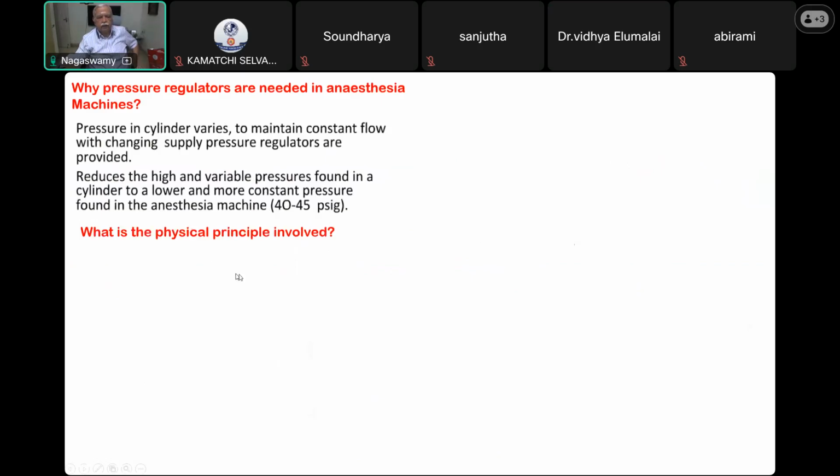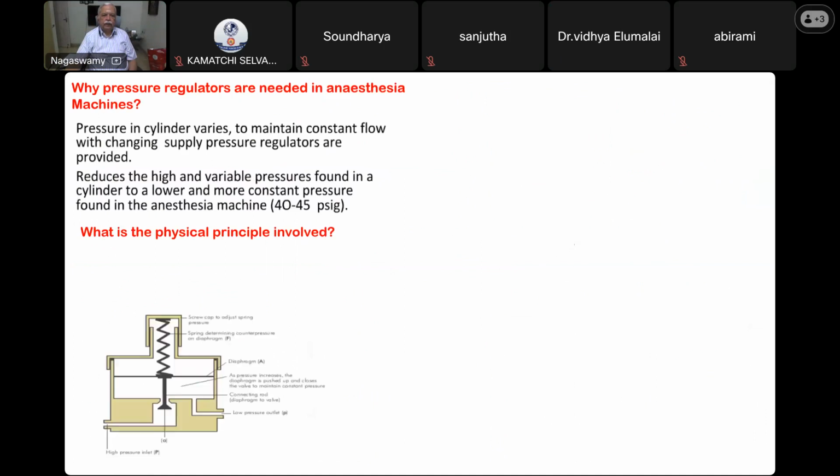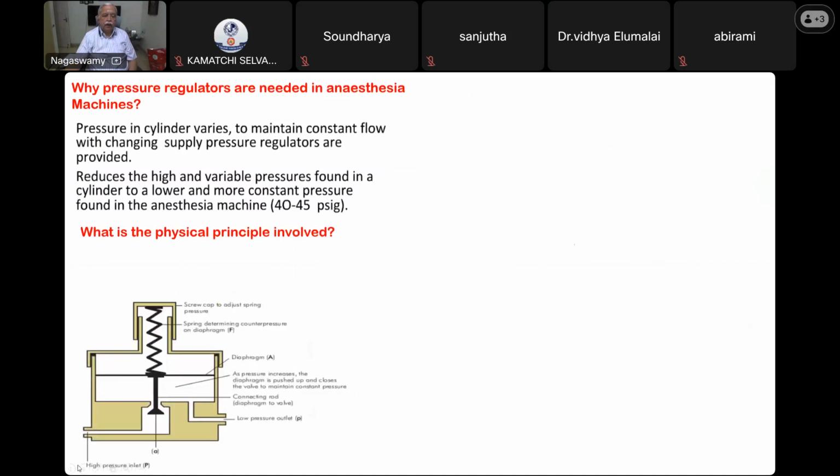What is the physical principle, the working principle of the pressure regulator? High pressure coming into a smaller area is delivered into a larger area.